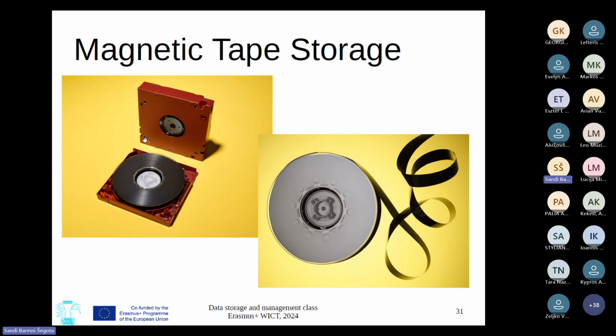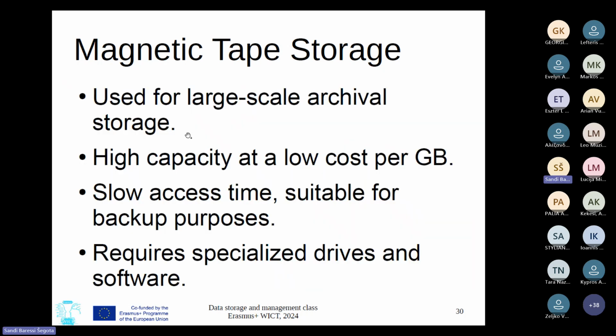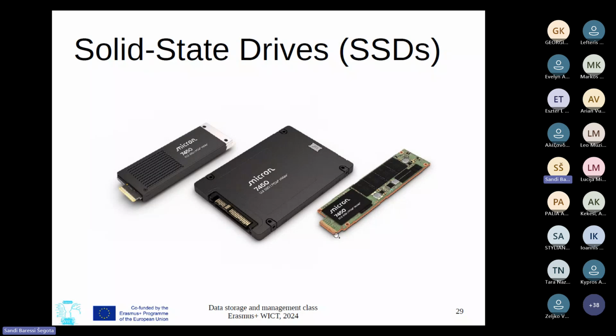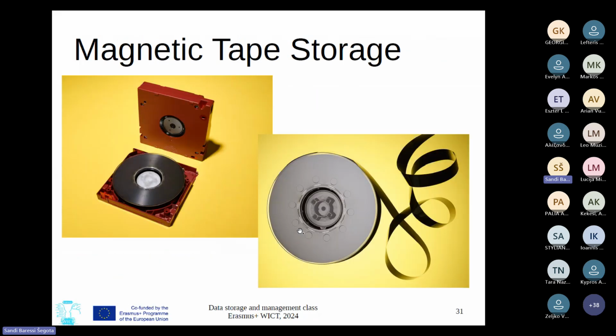The second thing with this is basically, if we go back, you can see that the connection for SSD is going to be something like this. This is for the PCIe or M.2 connection, or something like this for SATA connection. These are pretty fine, pretty specific. You can easily break them if you put too much force in. You don't have to worry with magnetic tape storage. They are usually manipulated with robots. For example, I mentioned CERN before. You can easily find it on YouTube, if you're interested, just type it in.